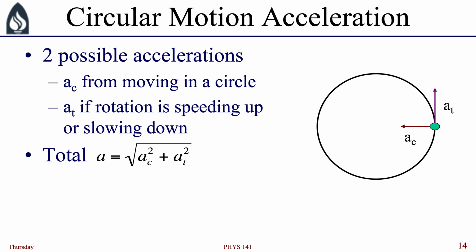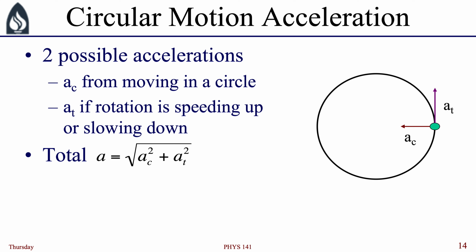And then you can also have tangential acceleration, which is tangent to the circular path, and the tangential acceleration is responsible for speeding up the object or slowing it down. So if the rotation is speeding up or slowing down, if there's a change in speed, then there will be a tangential acceleration. If there is motion in a circle, there will always be a centripetal acceleration.